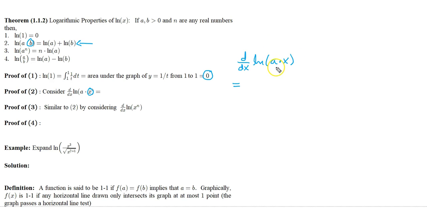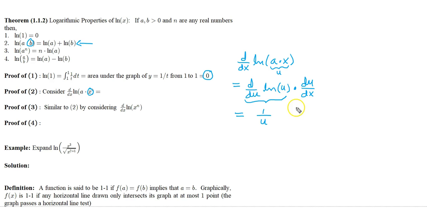Now what we have to do is apply the chain rule here. So what's in here is going to be a u. So we're going to differentiate this with respect to u, and then we have to multiply by du dx. Now this piece right here is going to be 1 over u. That's because the derivative of the ln of u is 1 over u.